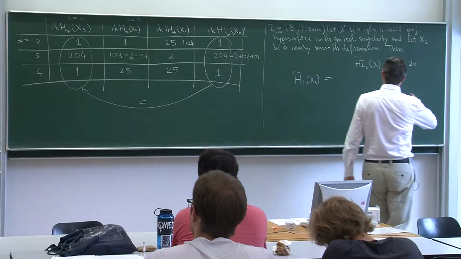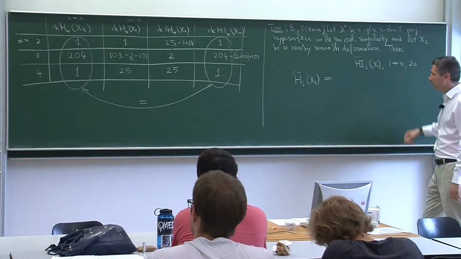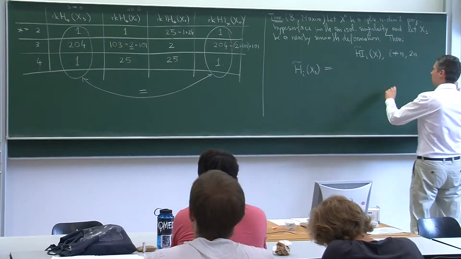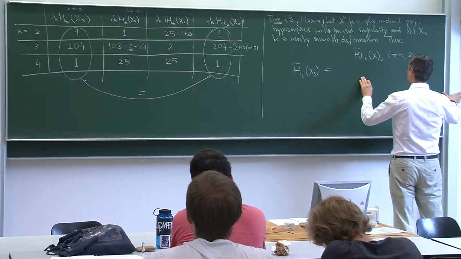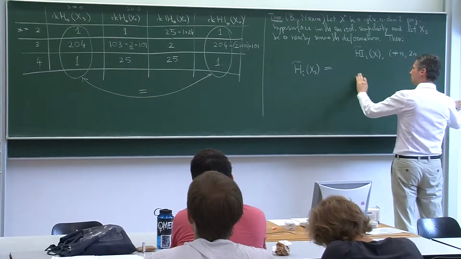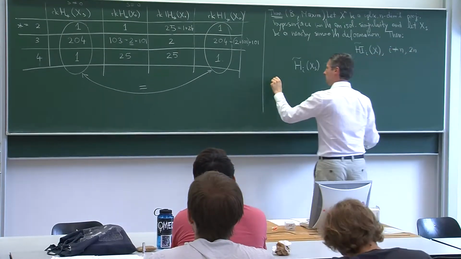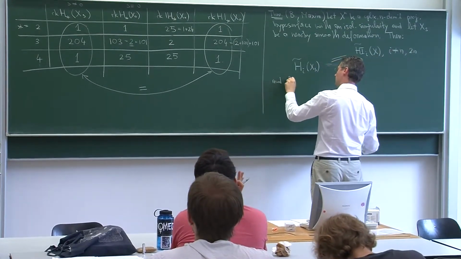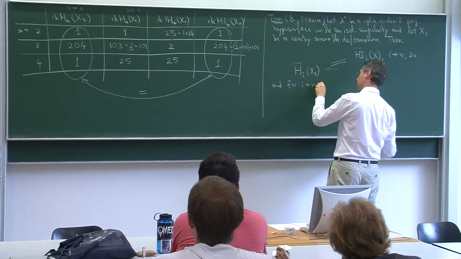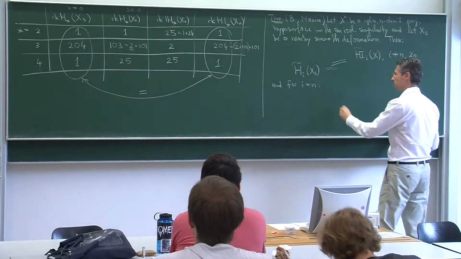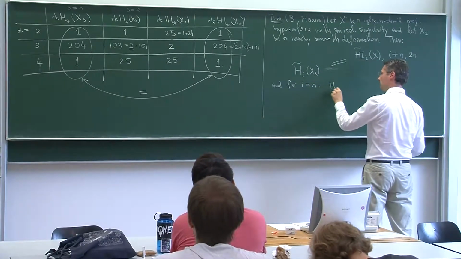But so it's true in all degrees except in the middle, and in the middle, so maybe I'll say it like this. So these are equal, and for i equal n, there is a condition.